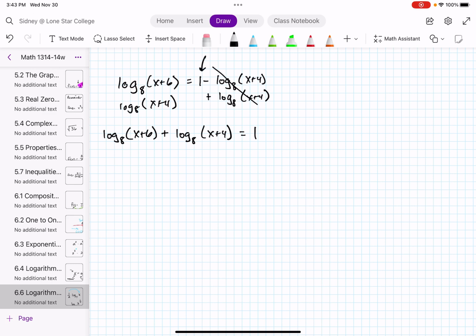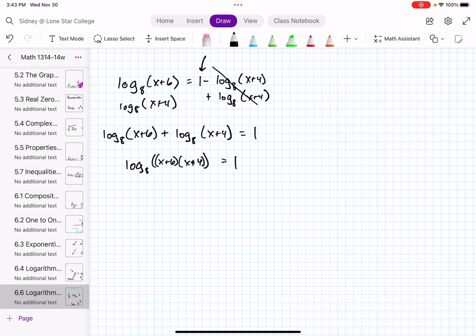Now similar to the last problem, I can combine those. They're both log base 8s, so I can put them multiplied together in a single log. That still equals 1.